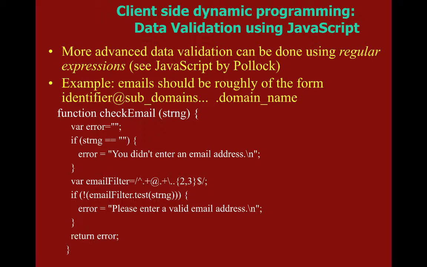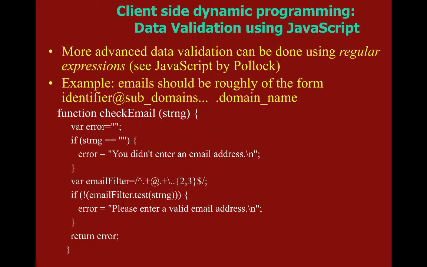If you look at this bit of code here, it's not just looking for the @ sign, but also looking for a certain structure in the string. The key idea here is something called the test built-in function. You notice that you can define what is called an email filter, and email filter here has a value, this strange looking string, and that's what is called a regular expression, and we'll look at what that string actually means in a moment.